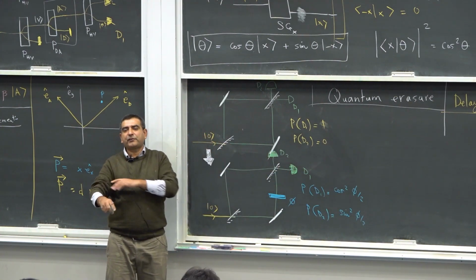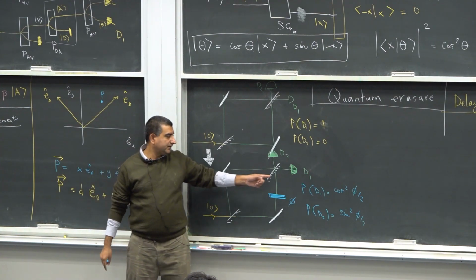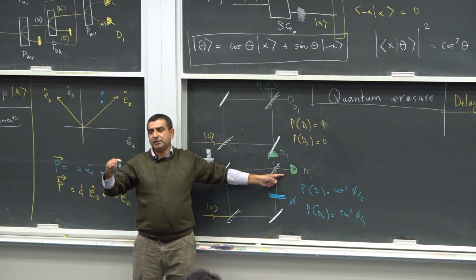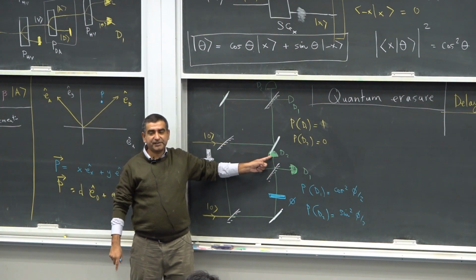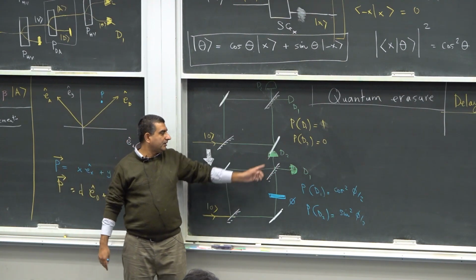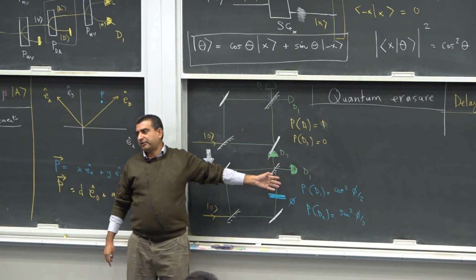For certain values of phi, 0 and pi, only one detector clicks. For phi equals pi, the other detector clicks, and for in between, phi equals say pi by 2, both of these detectors are going to click with equal probability.